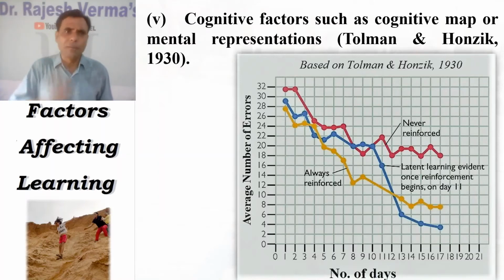So this is very important. I'll repeat once again, cognitive factors such as cognitive map or the mental representation of that phenomenon or event impact learning significantly, as suggested by the Tolman and Honzik experiment.